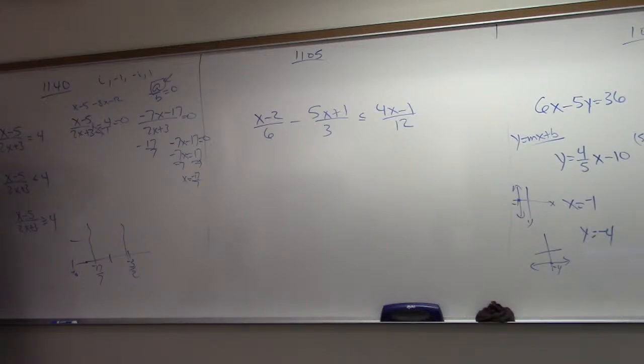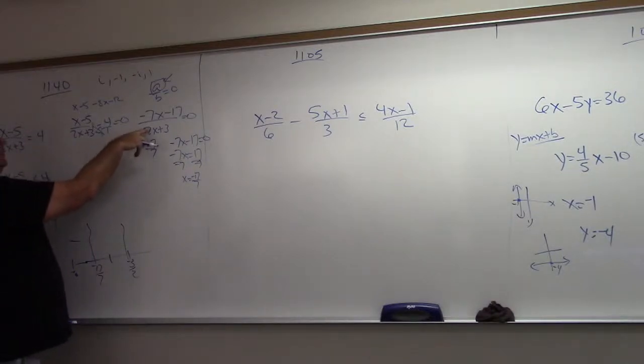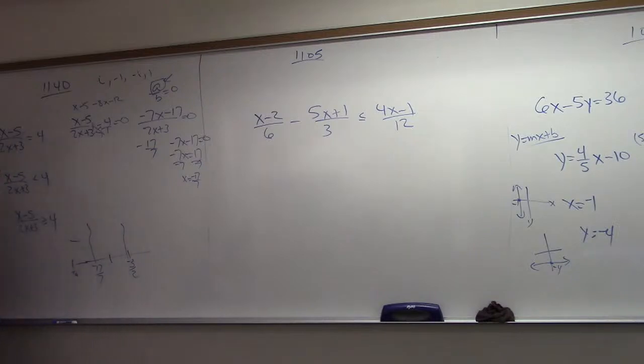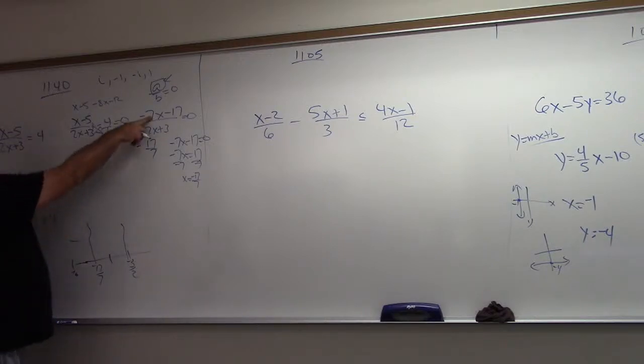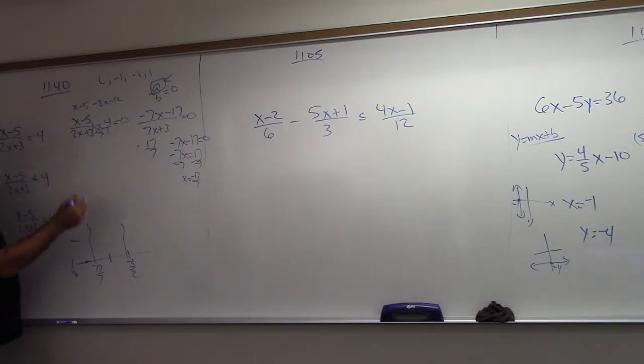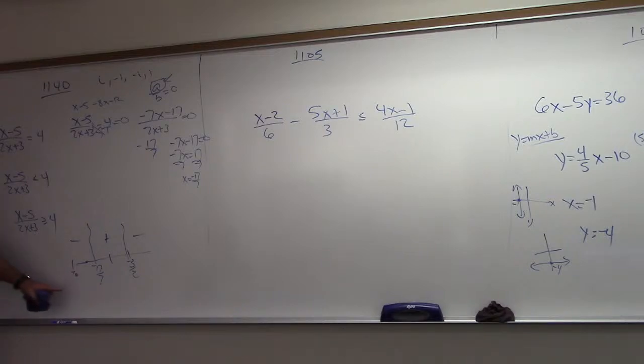It should be a positive number, yes? Positive. Yes. But if you plug in negative 2, this is 14. Negative, negative, positive. To the right, a positive number, plug in 0.